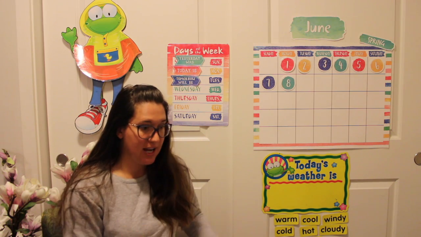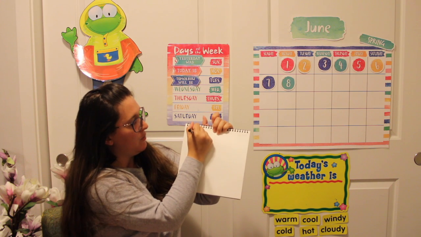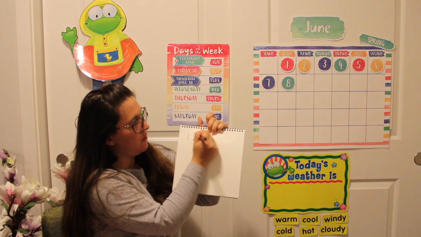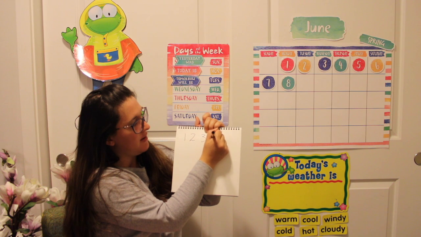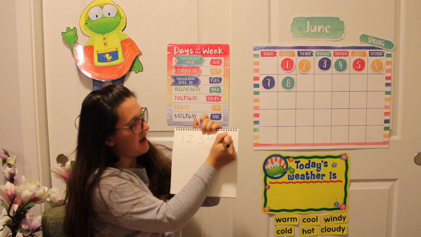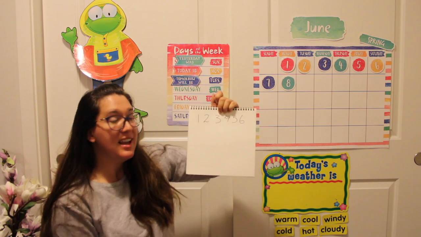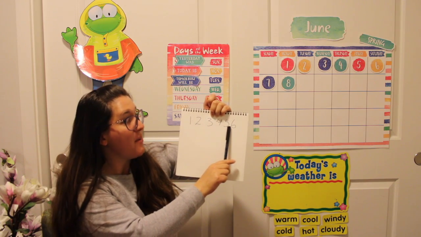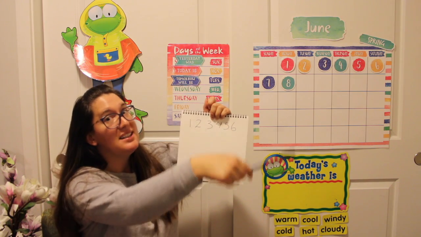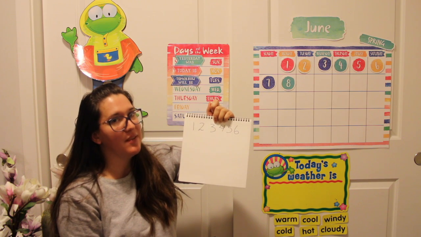So let's say we are counting 1, 2, 3, 4, 5, 6. These are all different numbers, and they keep going in a sequence, but they're not repeating themselves.